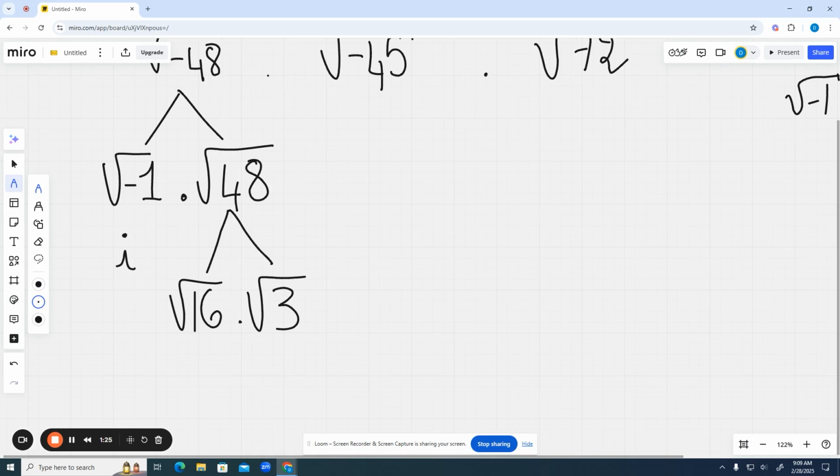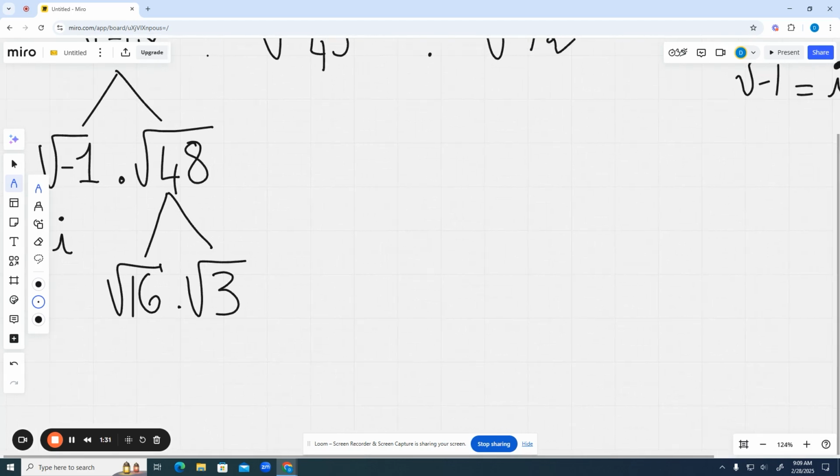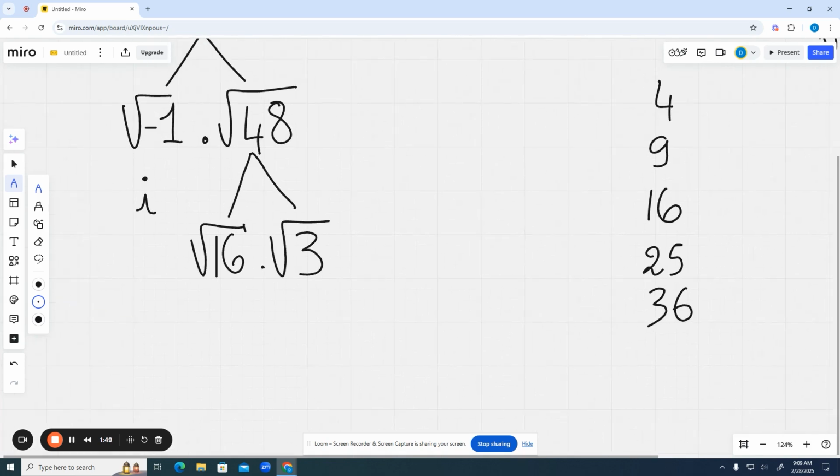The reason why I choose 16 is because I know it's a perfect square. I want you to remember the square numbers. Of course, you cannot remember all of them, but we do have 4, 9, 16, 25, 36, etc.